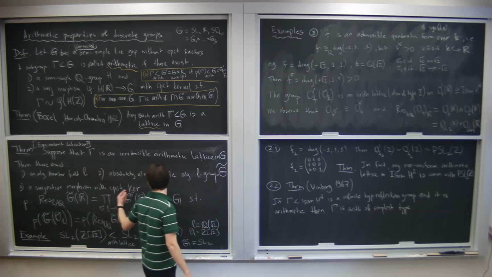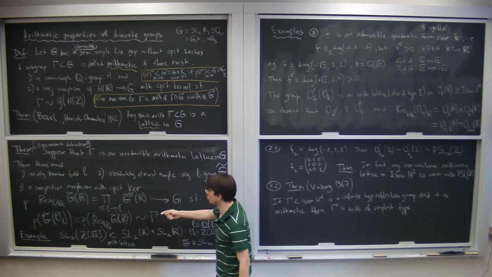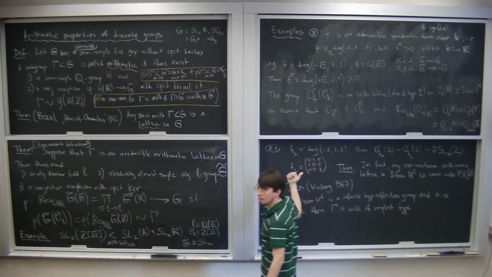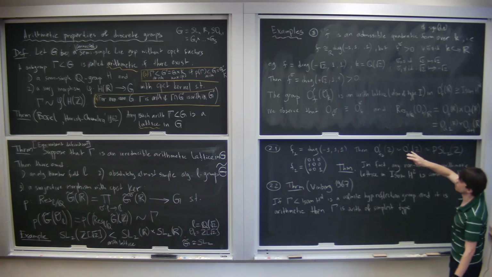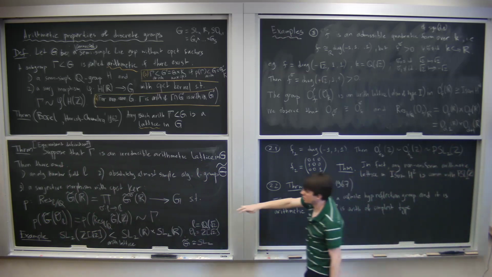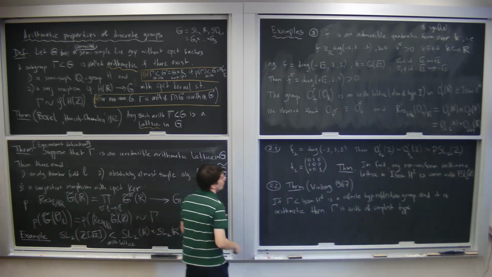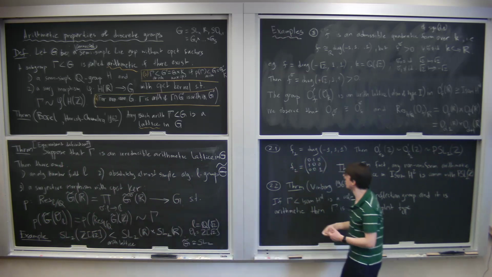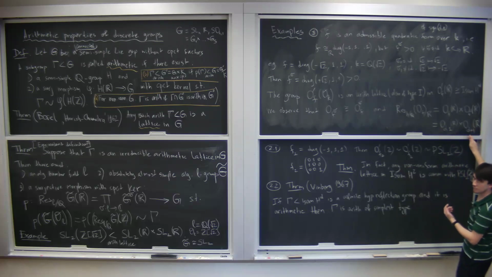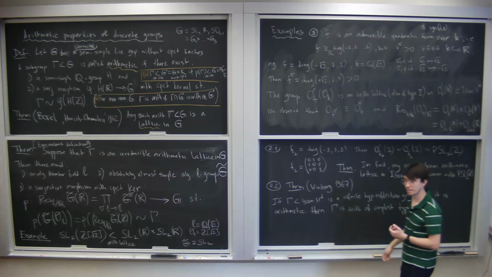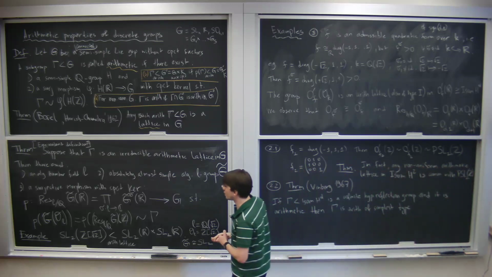In fact, the kernel of this projection from this product to G is going to be a compact subgroup. Which compact subgroup? This one. Okay. I hope it's now clear.